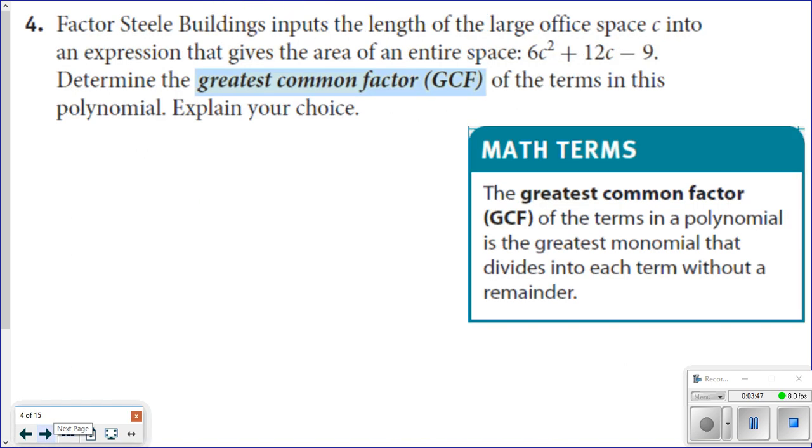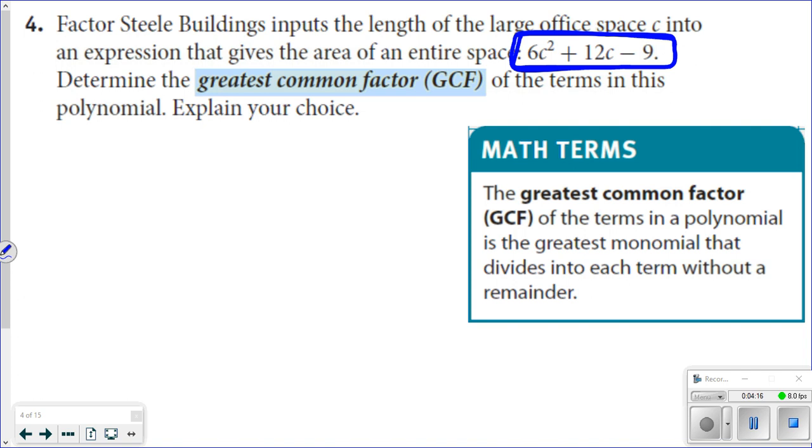Question 4 says that Factor Steel Buildings inputs the length of the large office space C into an expression that gives the area of the entire office space. So here I see a trinomial. We need to determine the greatest common factor of the terms in this polynomial. So here's the deal.